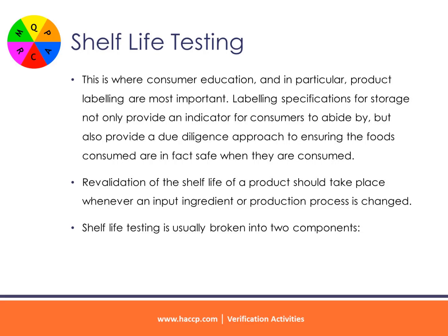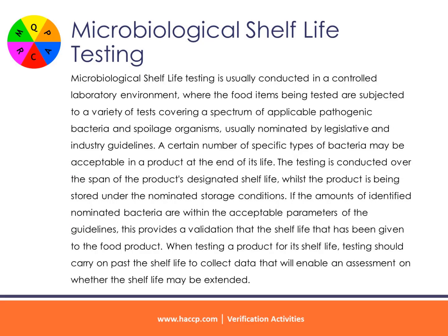Validation of the shelf life of a product should take place whenever an input ingredient or a production process is changed. Shelf life testing is usually broken into two components: microbiological shelf life testing. Microbiological shelf life testing is usually conducted in a controlled laboratory environment, where the food items being tested are subjected to a variety of tests covering a spectrum of applicable pathogenic bacteria and spoilage organisms, usually nominated by legislative and industry guidelines.